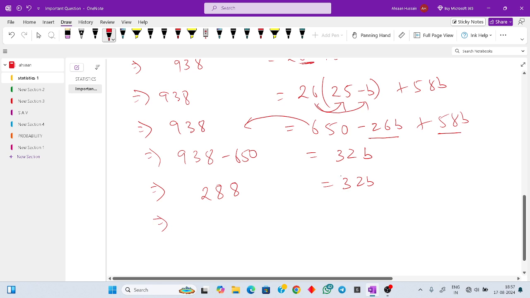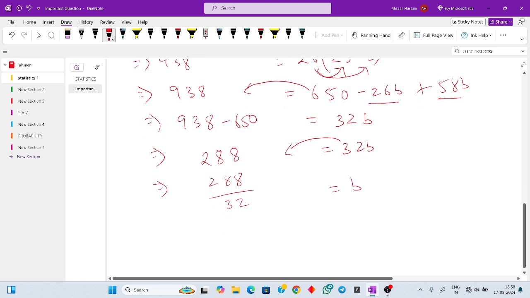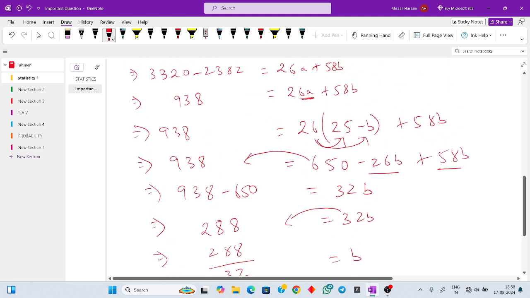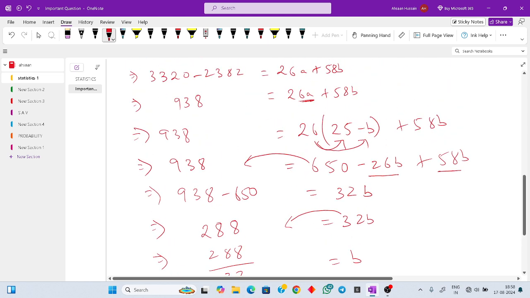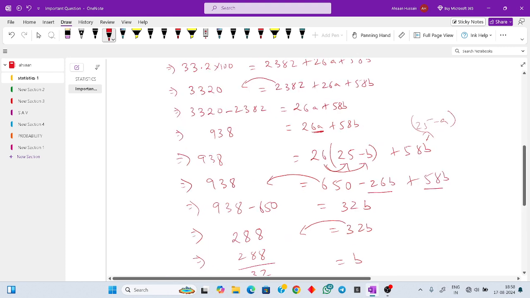So if this 32 has to come to the other side, it will get divided. 288 by 32 equals to b. So b will come as 9 equals to b. See, I have substituted the value of a here. You can use the value of b also. Okay. Here you have to put 25 minus a. Okay. You can do this also.